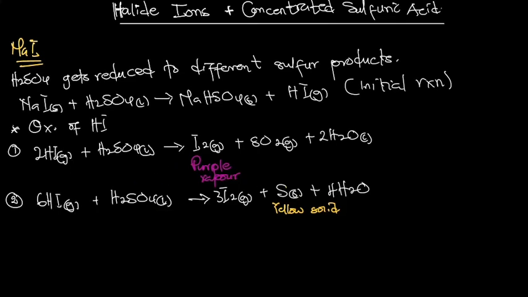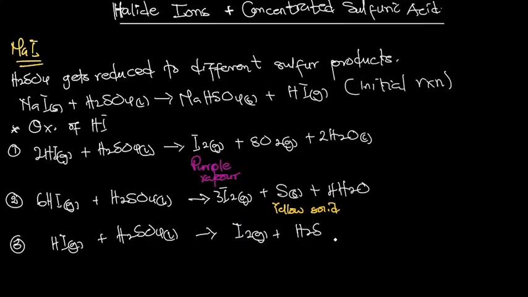And the last reaction to take note of is, we're going to have again the hydrogen iodide with sulfuric acid, H2SO4. And this time we're going to have iodine, and then we'll have hydrogen sulfide, H2S.